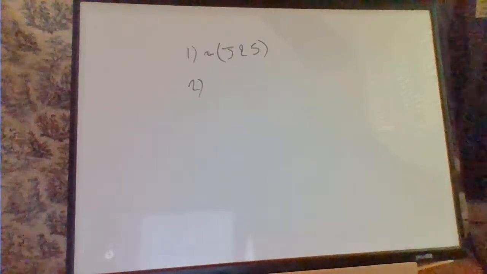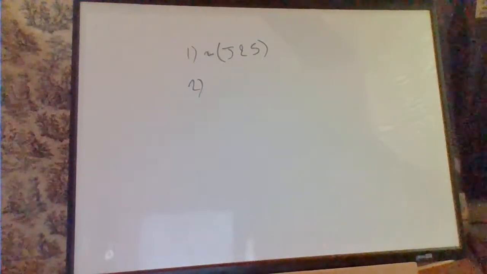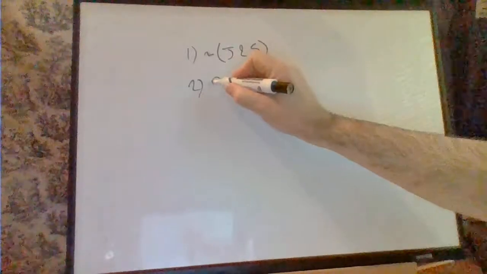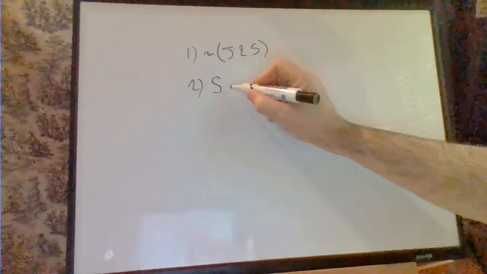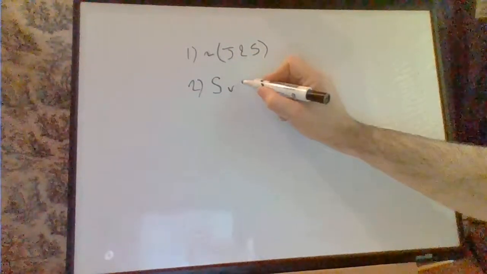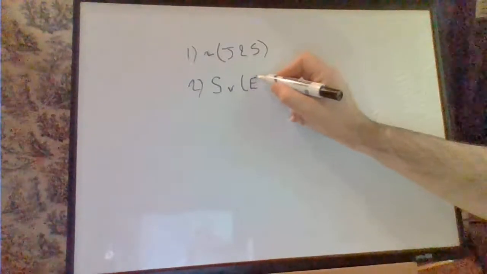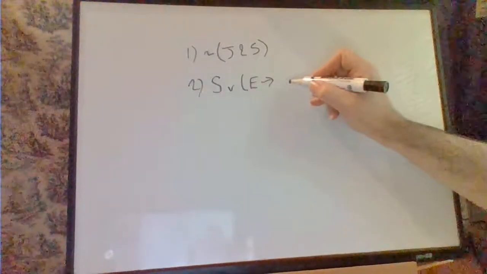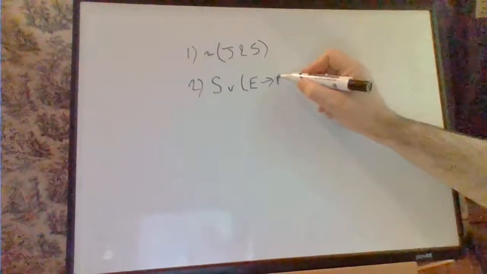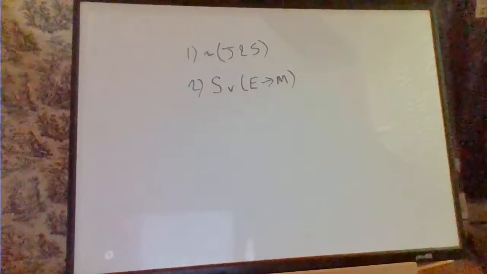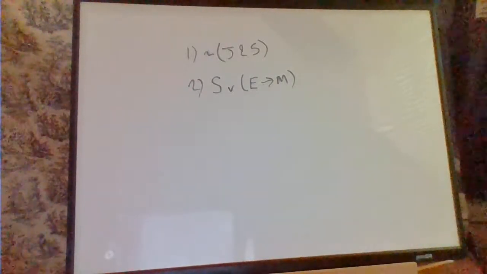So you know that the parentheses are going to be on the second half of your equation. So the sun is a planet, S, or, which is the wedge, and then in parentheses, if the Earth is a planet, E, then, your arrow, there is intelligent life on Mars, M. So I would symbolize that S or, E, then M.